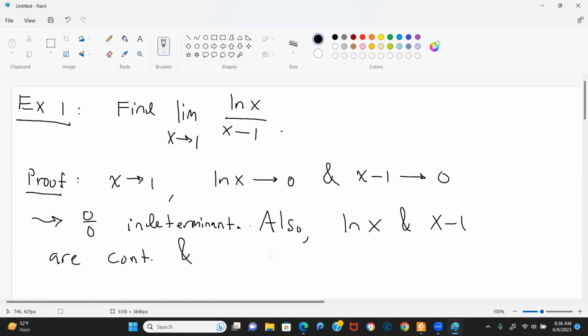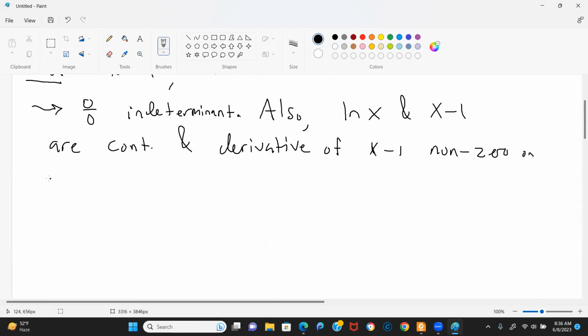And we could say the derivative of x minus 1 is non-zero on an open interval containing the point 1.